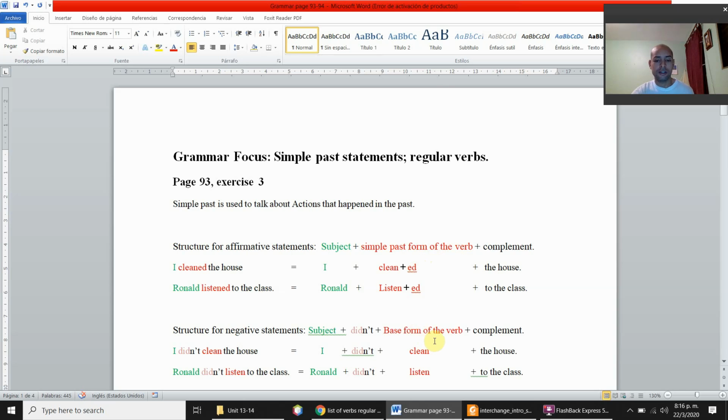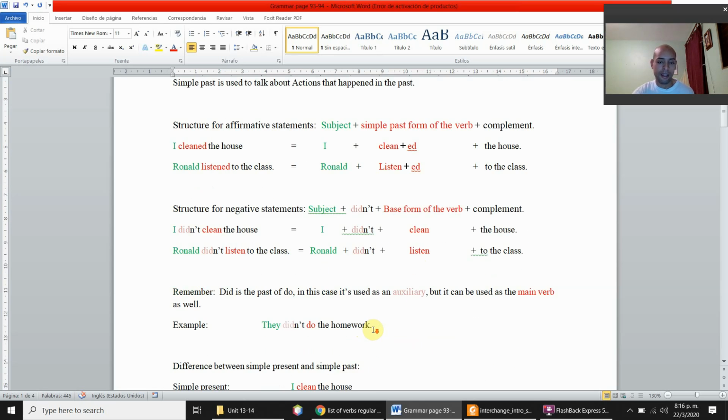Here it's only the base form of the verb. And we also use didn't. In this case, this is the auxiliary. We use did as an auxiliary plus nt.